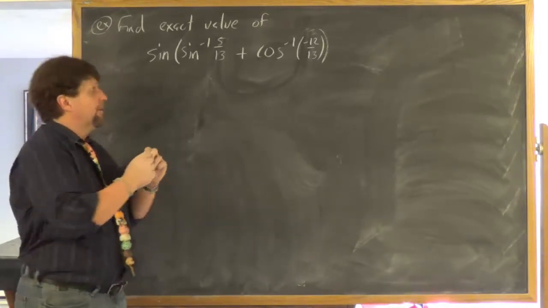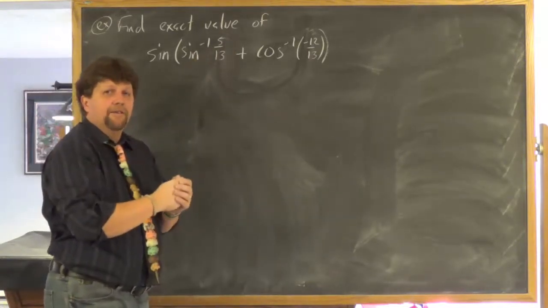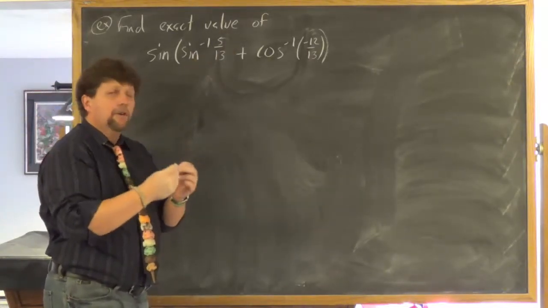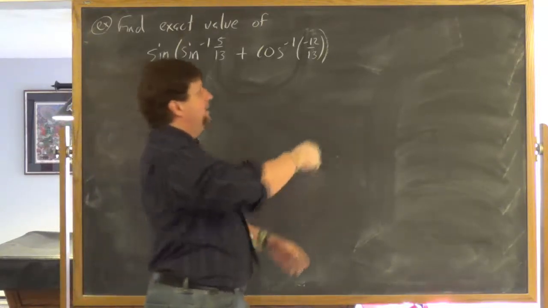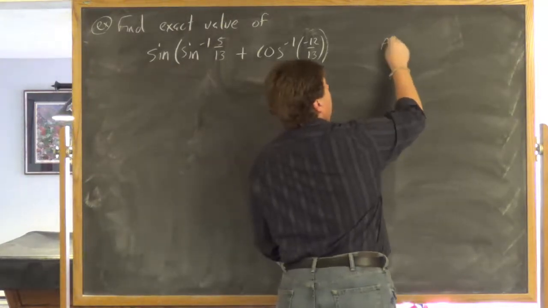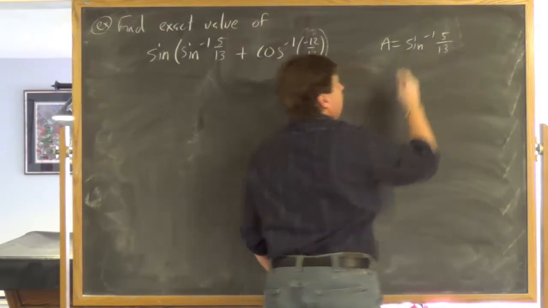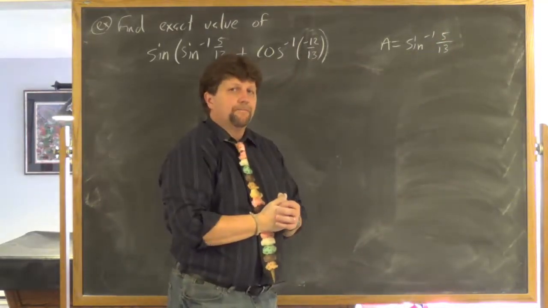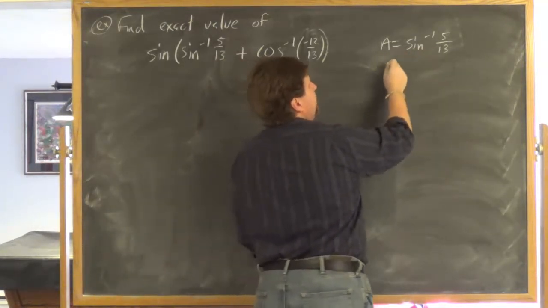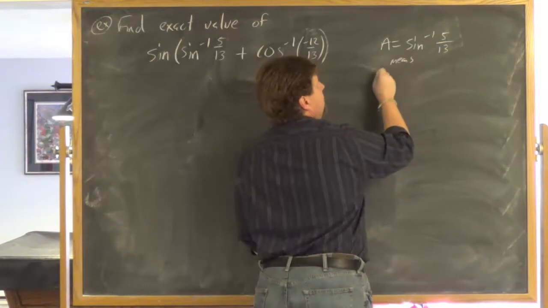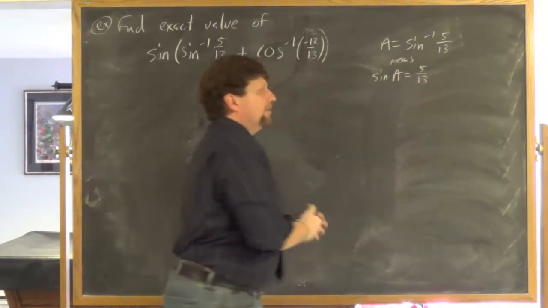But please remember, this represents an angle off the right half of the unit circle. I don't know what that angle is, so let me call it A. Let me write that over here. There is an angle A that is equal to the inverse sine of 5/13. And I know that A equals inverse sine of 5/13 really means that the sine of A is 5/13.